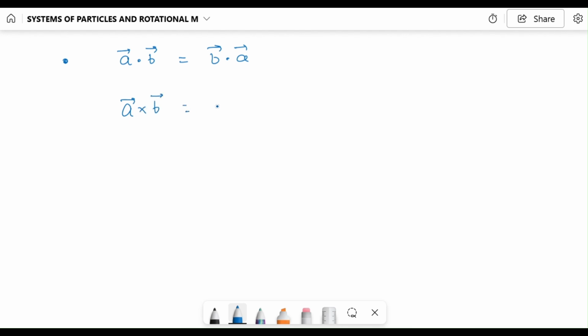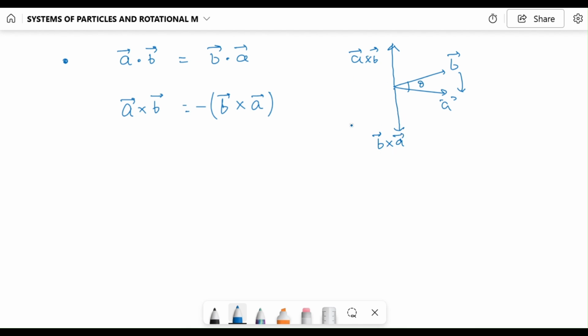A cross B is not equal to B cross A. Rather, A cross B is equal to the negative of B cross A. Suppose this is vector A and this is vector B. A cross B is this vector which is perpendicular to vector A as well as to vector B. But B cross A is now moving from B towards A, so this is the direction of vector B cross A. It has the same magnitude as A cross B, but the direction is just opposite. That's why the negative sign is appearing.